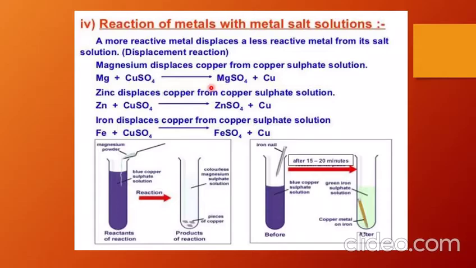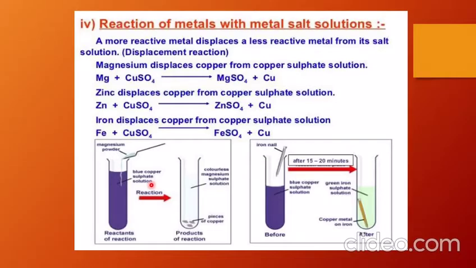Okay. So when zinc reacts with copper sulfate, the pieces of zinc are dipped in copper sulfate solution taken in a beaker, the blue color of copper sulfate solution starts fading and reddish brown particles of copper are found to settle at the bottom of the beaker like this. Like in the magnesium reaction, similar in the copper, zinc with copper.